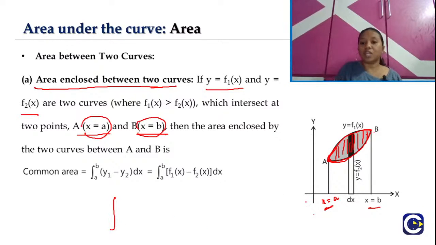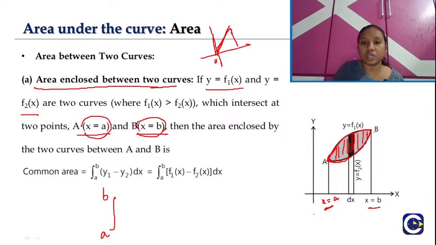By looking at the graph itself, the limits we have predicted are that x varies from x equal to a to x equal to b. In our initial cases, suppose this is our axis and we have a curve like this, from x equals 0 to x equals b.